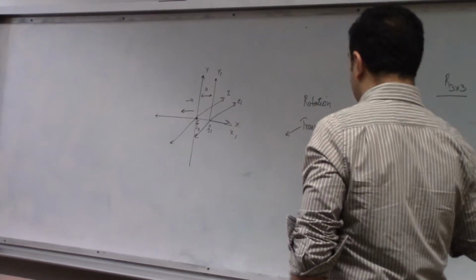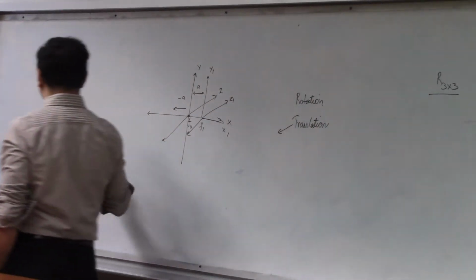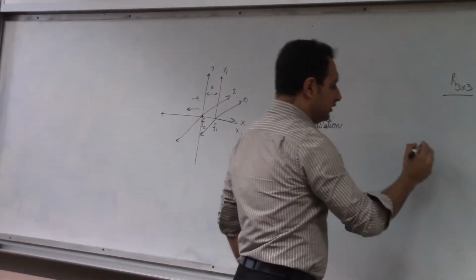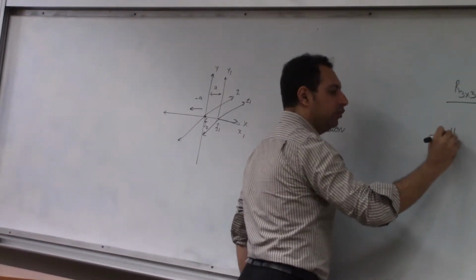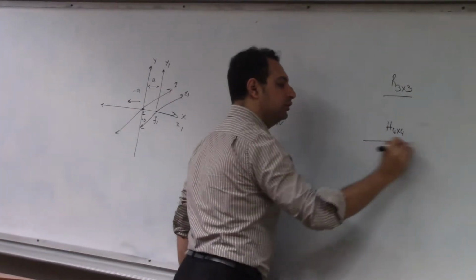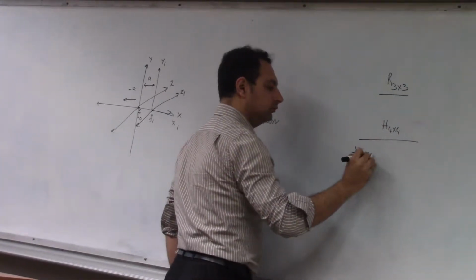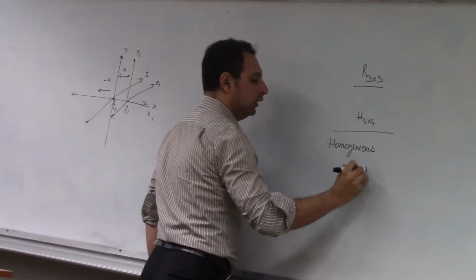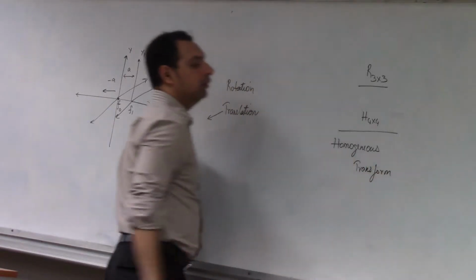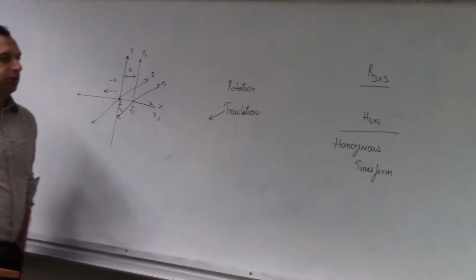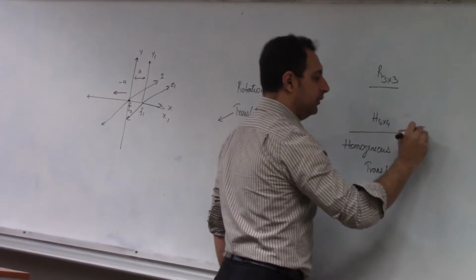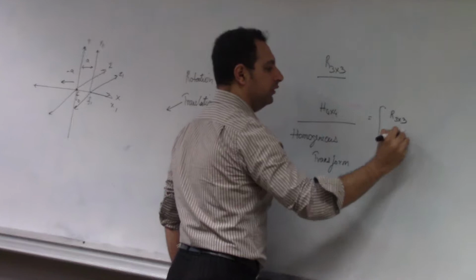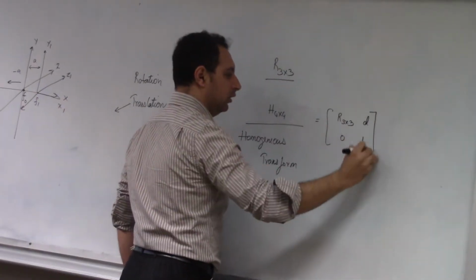To encompass this within a single matrix, one matrix that can have both rotation and translation, we have to go to a 4x4 format, which is known as a homogeneous transform. We write a homogeneous transform as follows: R 3 by 3, 0, D, 1.